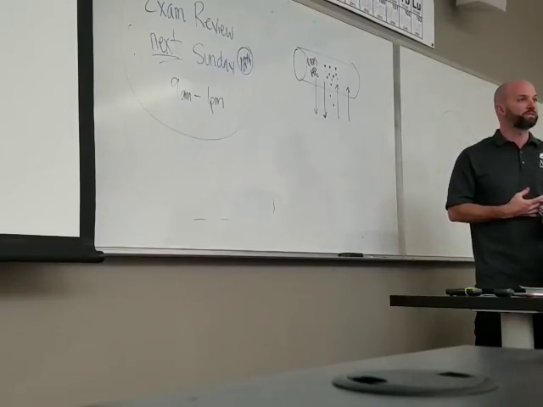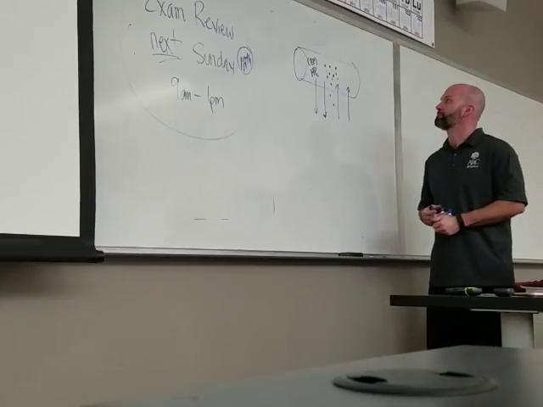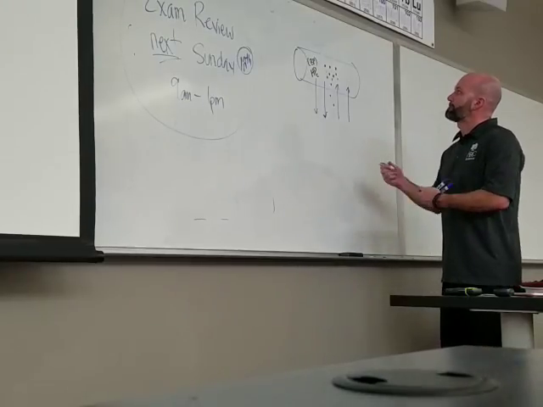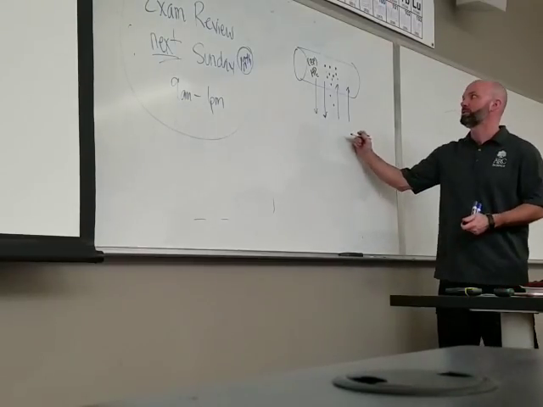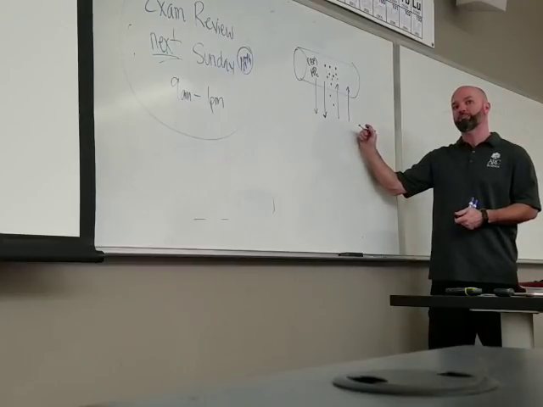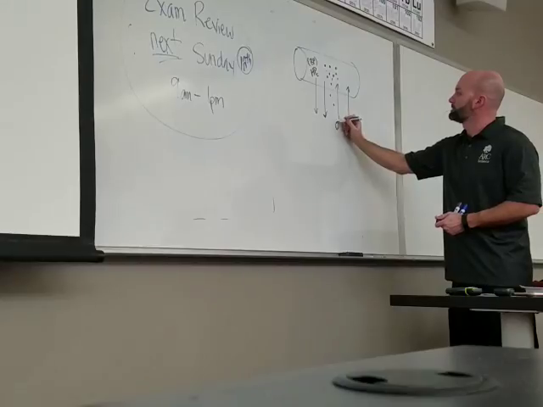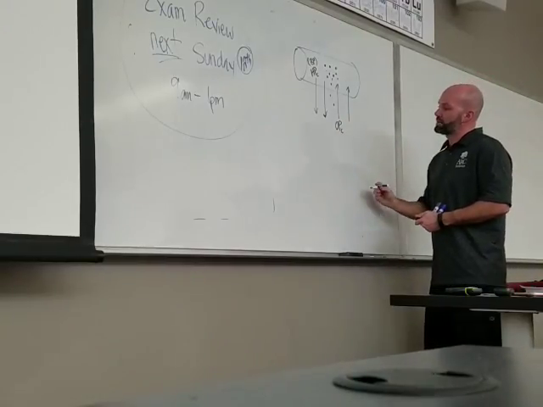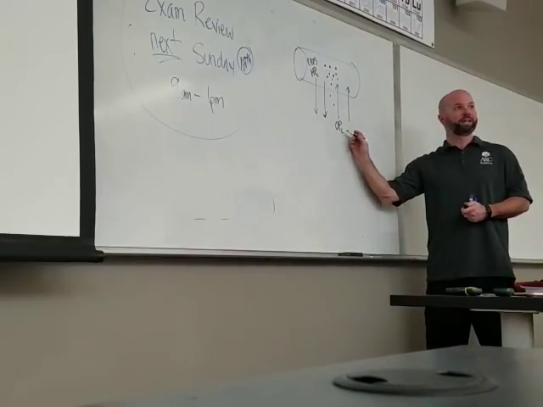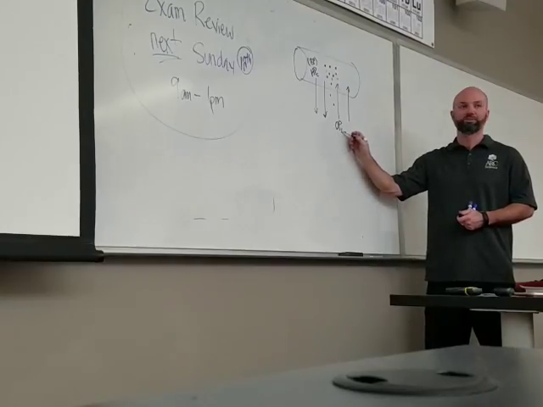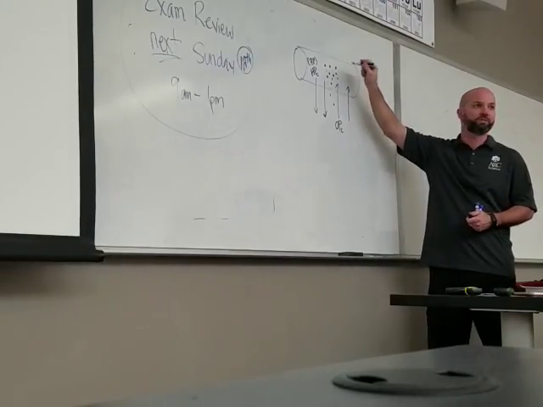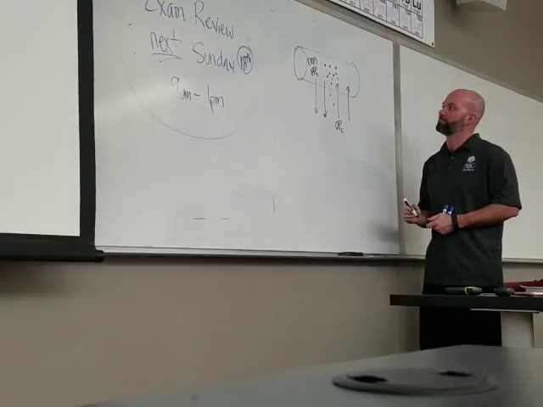Colloid has the proteins, the solution does not. So you said colloid osmotic pressure? You can call it colloid osmotic pressure or simply oncotic. And this would be oncotic pressure originating in the capillary. Oncotic pressure of the capillary, because that's where the proteins are concentrated, in the capillary.